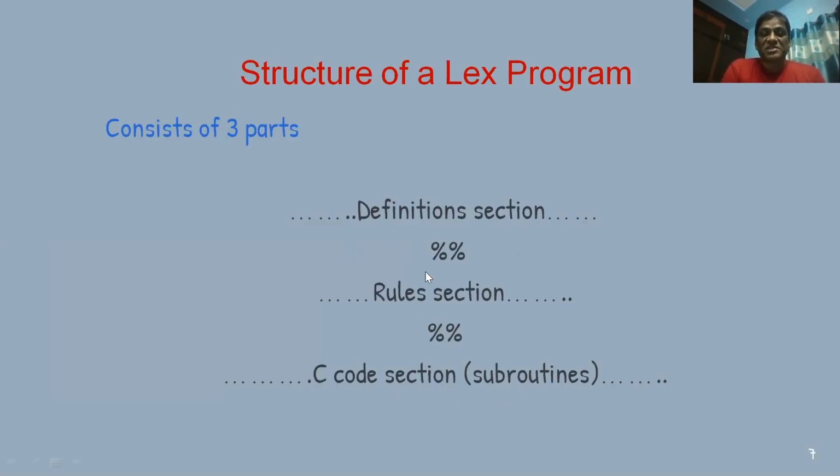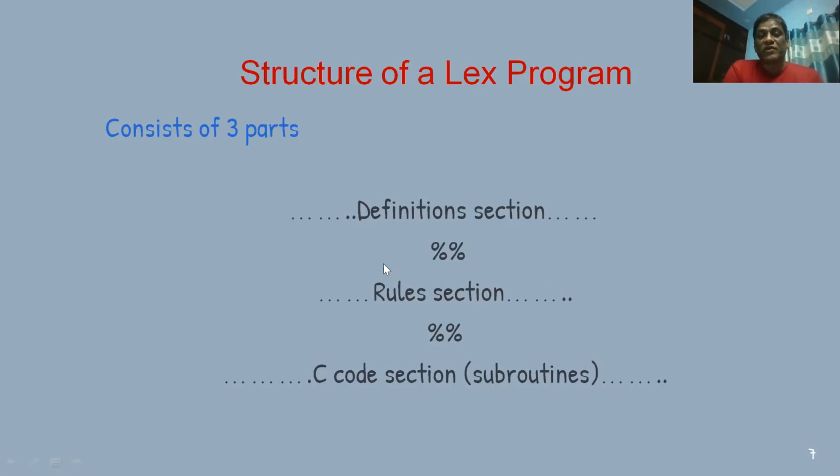A rule section specifies a pattern followed by its action. So the rule section always contains pattern and action pairs. A pattern always represents a regular expression. Action specifies what is to be done when that particular pattern is matched. So the rule section is very important for defining your lexical analyzer. And the C code section or subroutine section implements the functions which are used by the rule section.